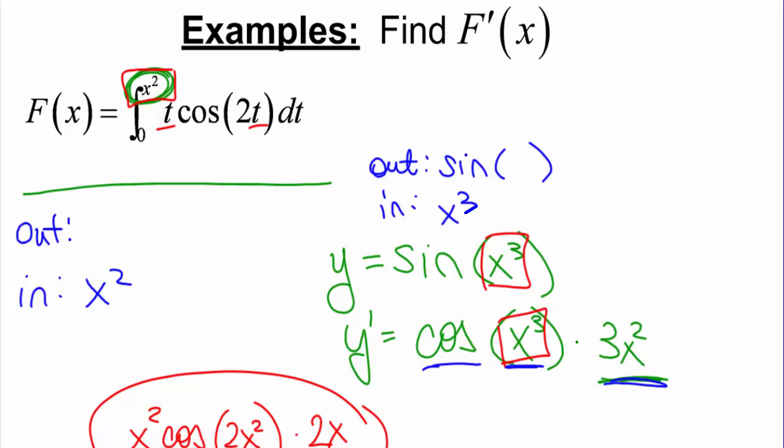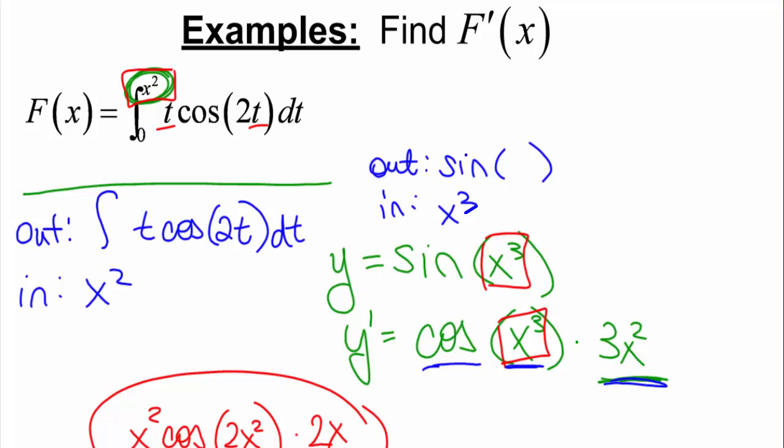So what is the outside function? What else is there left? So the t cosine of 2t is part of it, but that's not everything, right? If I take t cosine of 2t and I put x squared into that, do I get back my original? No. So I need t cosine of 2t, but I also need the dt.